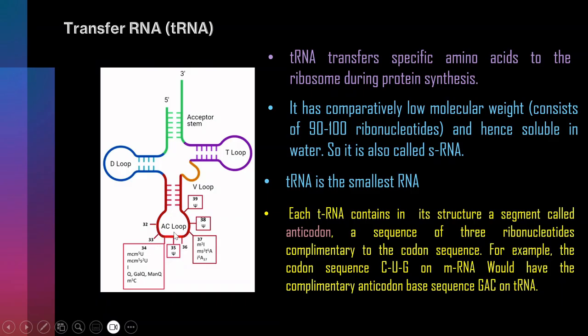It is ACU, which is a sequence of 3 ribonucleotides complementary to the codon sequence. For example, on mRNA, if you have a codon sequence CUG, then the anticodon on tRNA will be GAC.